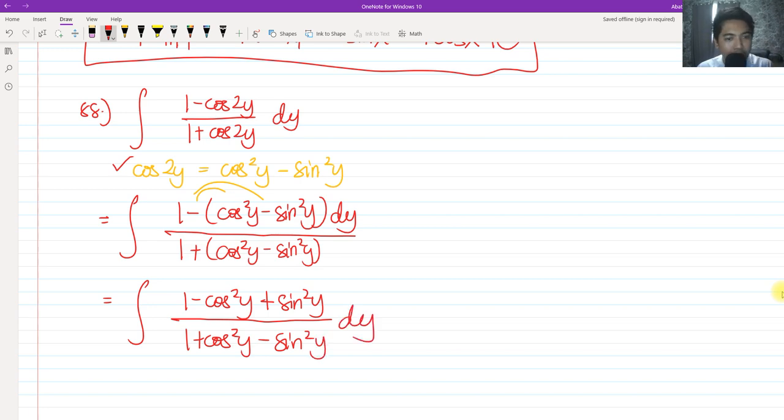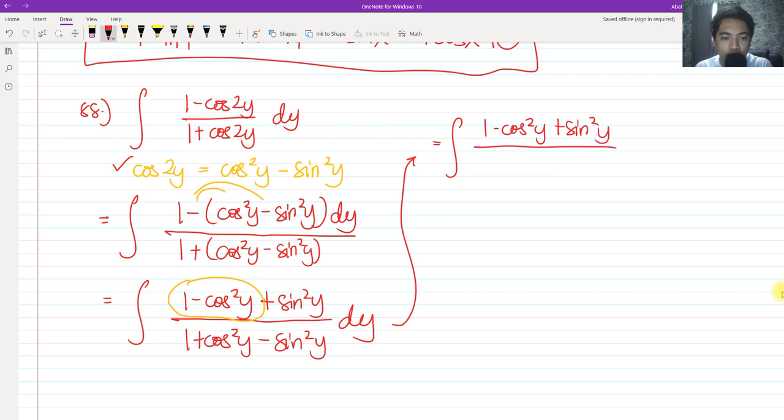Now, notice also that we can transform this and also the denominator, the 1 minus sine squared y. If I rewrite it again, that would be 1 minus cosine squared y plus sine squared y. And on the denominator, I have 1 minus sine squared y, and then plus cosine squared y dy. For both of these, we can use the Pythagorean identity that sine squared y plus cosine squared y equals 1.